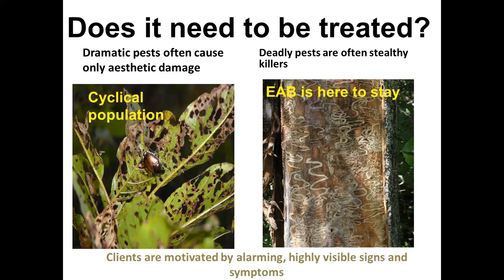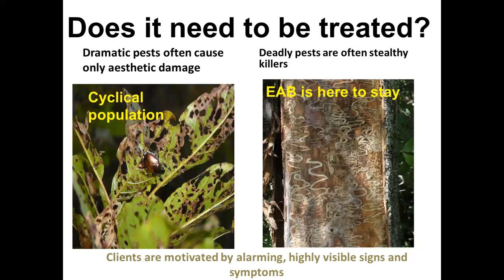So here's a big question in integrated pest management: does it need to be treated? You can look at different insect pests as deadly versus dramatic. The dramatic pests, like the Japanese beetle, often just cause aesthetic damage, showing up on linden trees, feeding on foliage, and certainly loss of foliage reduces energy going into the tree.